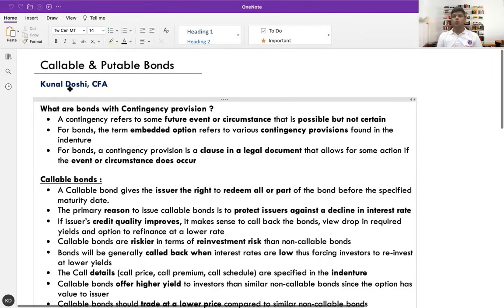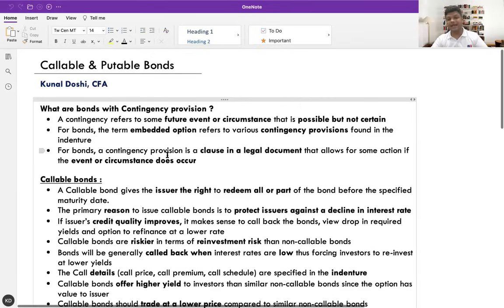So whenever the bond's future outcome is uncertain, in the sense that whether the bond will be alive till maturity, or will be redeemed before maturity, or will be sold before maturity, whenever the maturity part of the bond is not sure, we say these are bonds with contingency provisions, or bonds with embedded options. Embedded means attached. There are various types of contingency provisions. We are going to discuss two major ones, callable and puttable bonds.